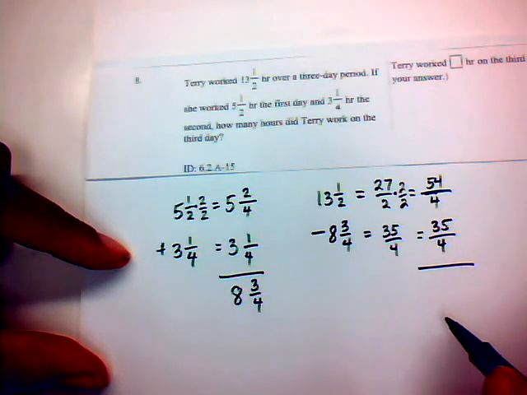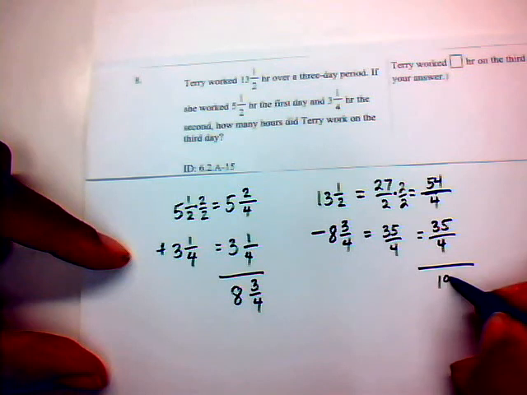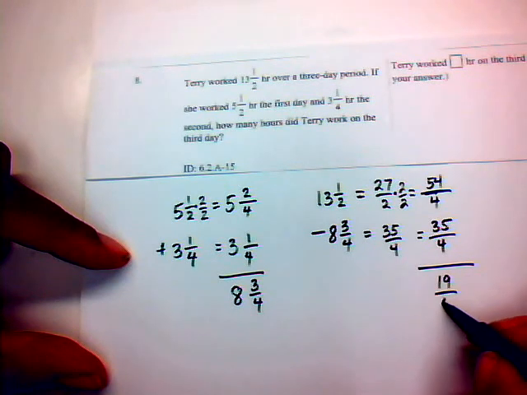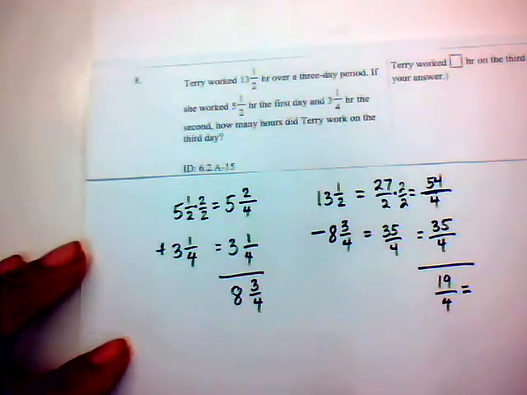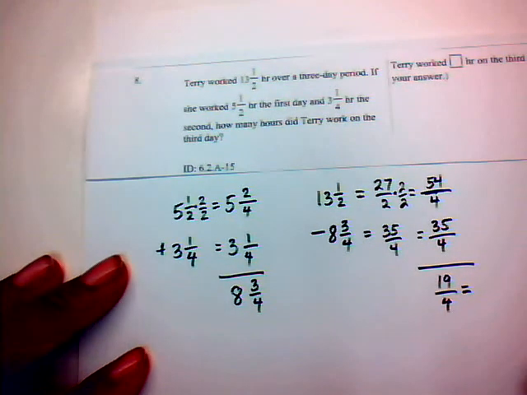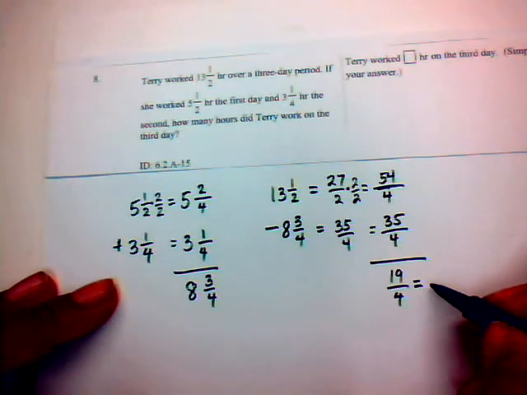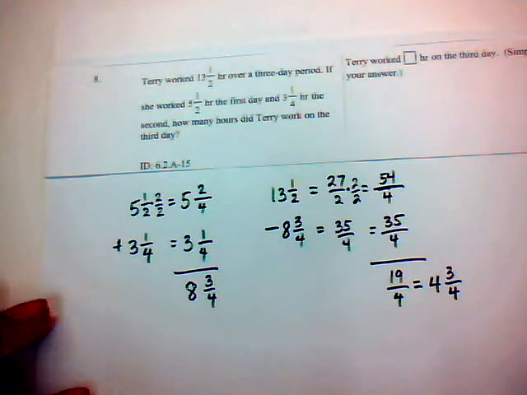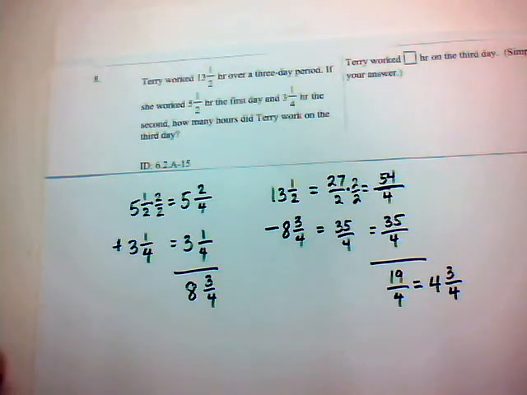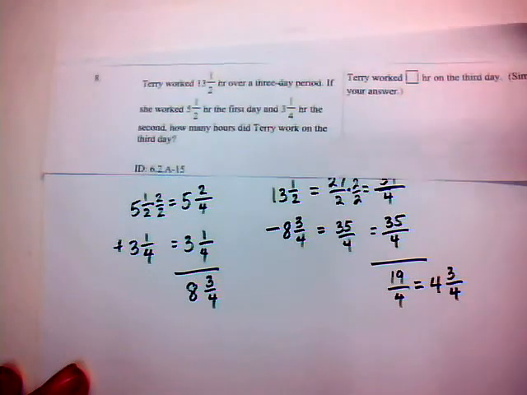Minus 35/4. So 35 from 54 will be 19 over 4. Now to change 19/4 to a mixed number, we divide 4 into 19. That will go 4 times with 3 left over. So 19/4 as a mixed number would be 4 3/4.